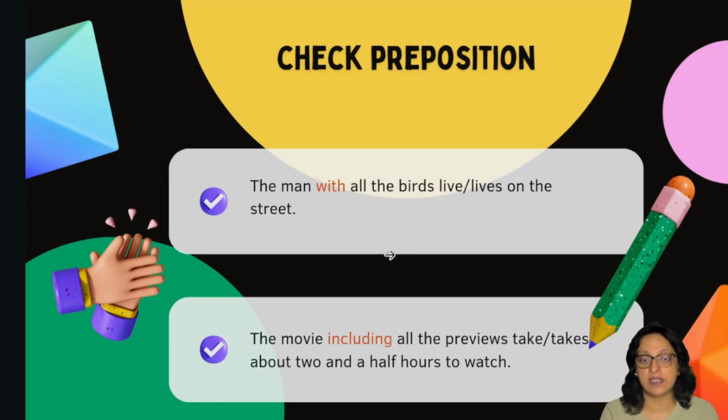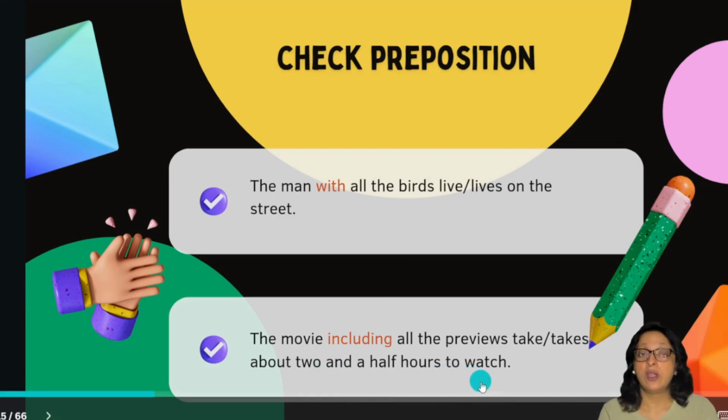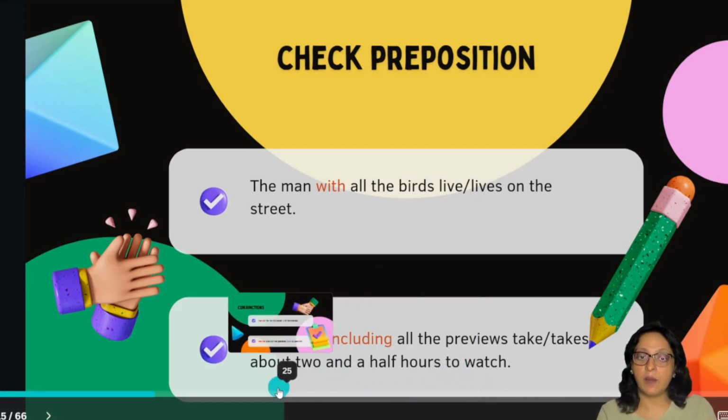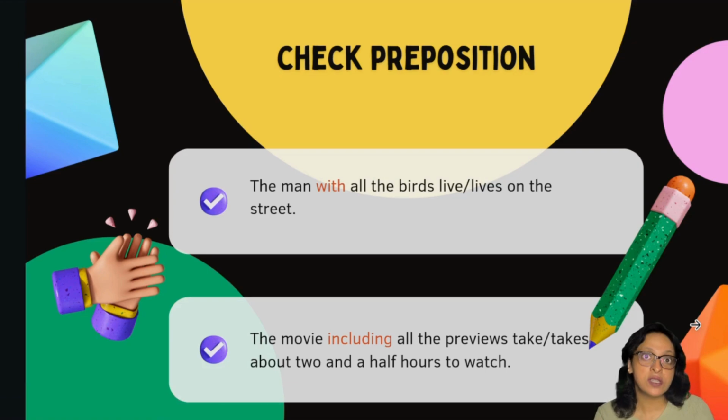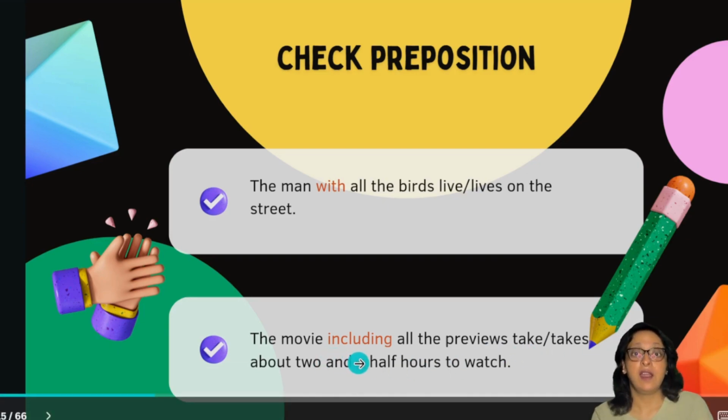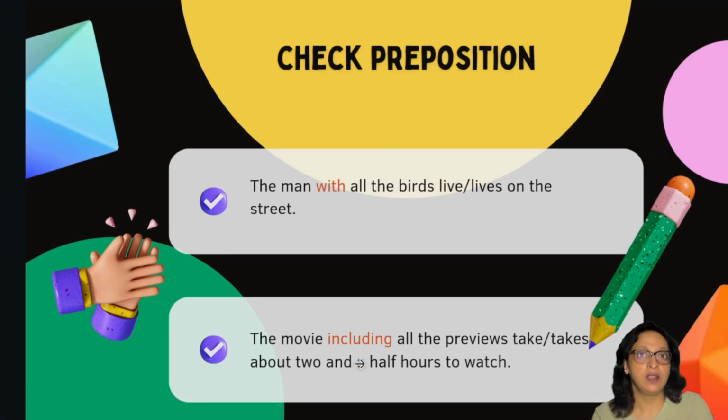In the second sentence, let us see, the movie, including all the previews, takes about 2.5 hours to watch. Again, what is the main subject? The movie is the main subject. Why? Because we said that we have to check the prepositions with, including, as well as. Now, including is here.